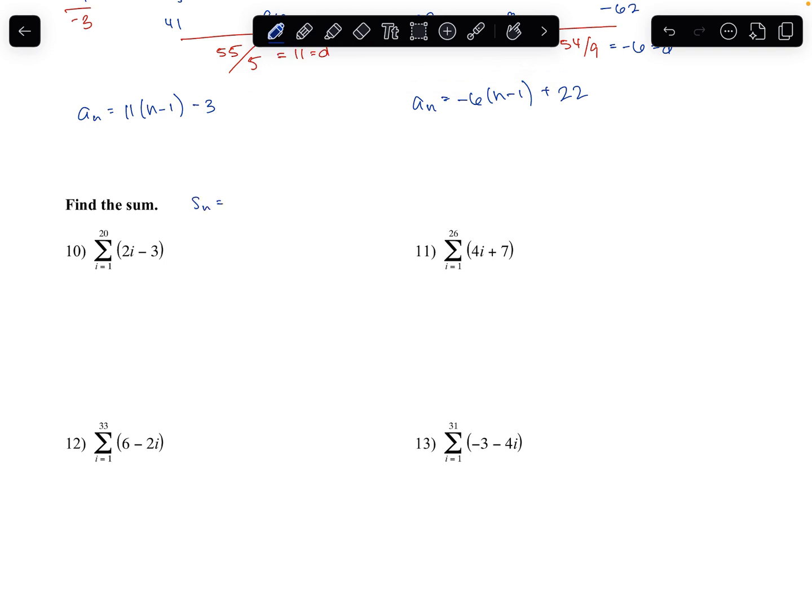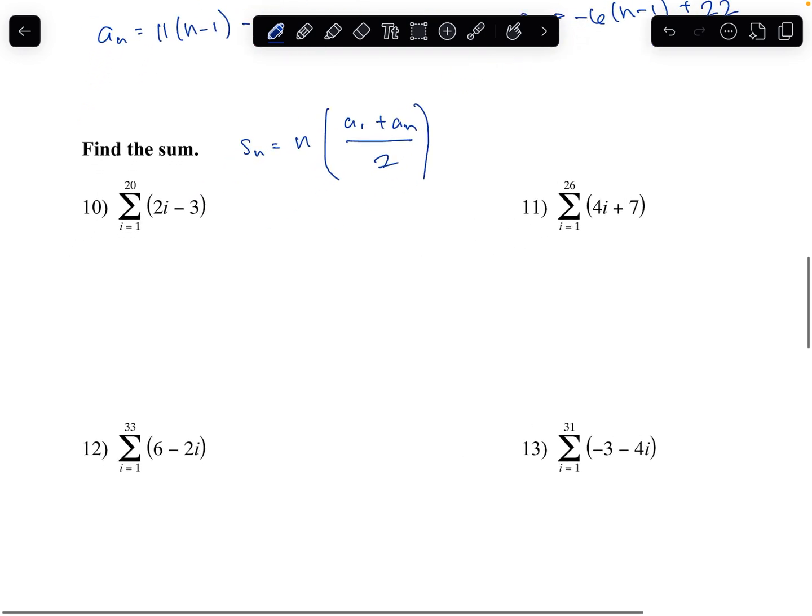S sub n is going to be equal to n times a sub 1 plus a sub n, all divided by 2. I think. Is that right? Let me double check. Yes, it is.